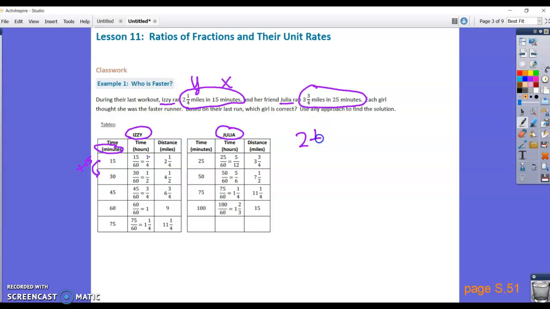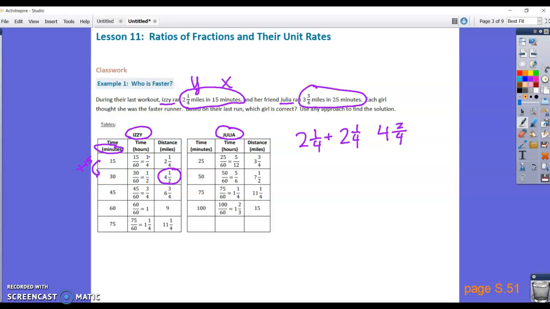So 2 1/4 miles, another 15 minutes, she's going another 2 1/4 miles. So they're adding that together. 2 and 2 gives me 4. 1/4 plus 1/4 is 2/4, which simplifies to the 4 1/2 that we have right here.